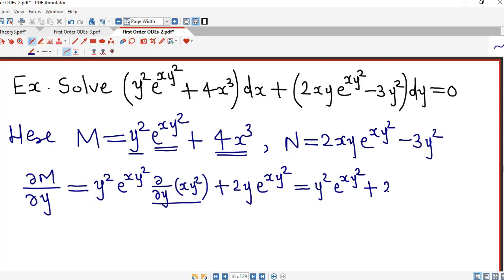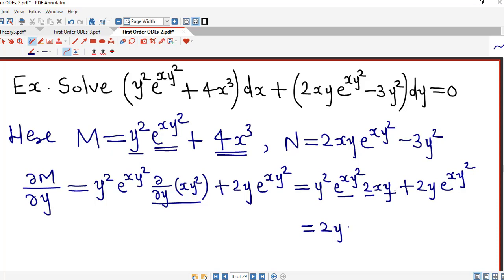times 2xy. It is not in the addition, it is in the product. So y square e raised to xy square into 2xy, plus 2y e raised to xy square. So here we can take 2y e raised to xy square common.